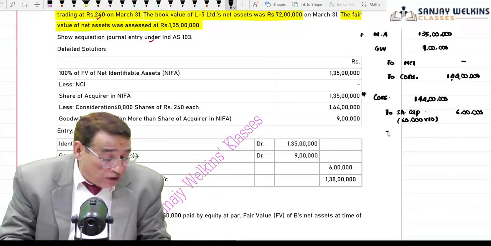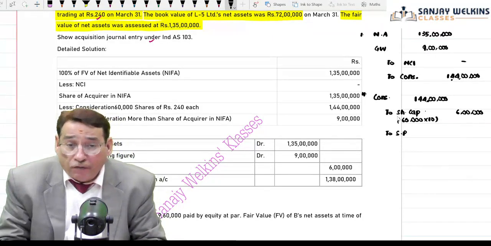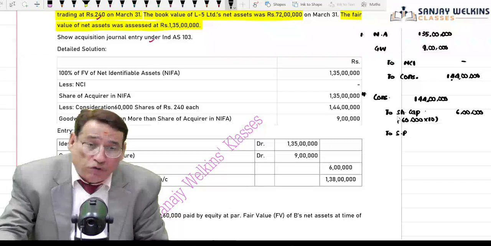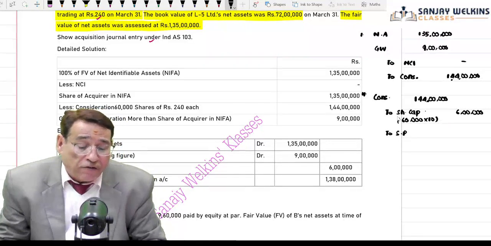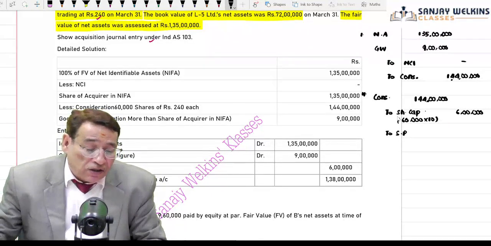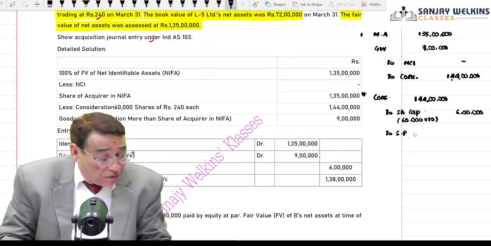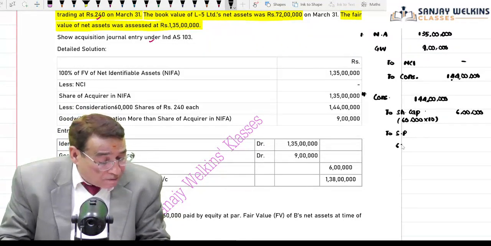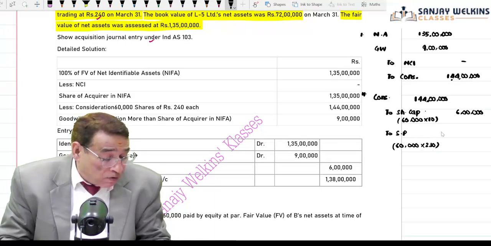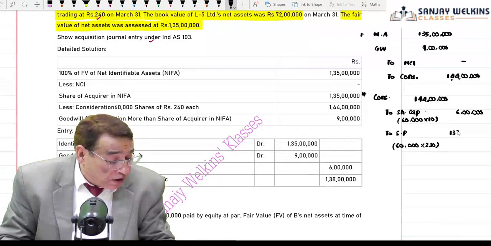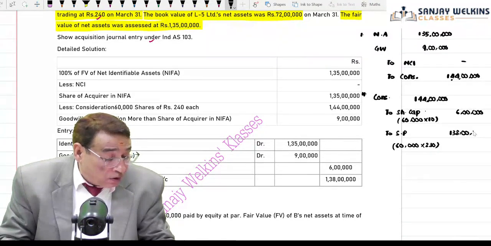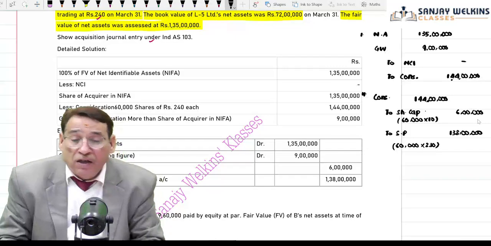And then you will write to securities premium, because you are issuing shares of rupees 10 each at the rate of 240. That means the securities premium is equal to 230 per share. So the securities premium amount will be 60,000 into 230, and it will be equal to 138 lakhs. So this is how you are going to pass the entries. Is it clear to you or not?